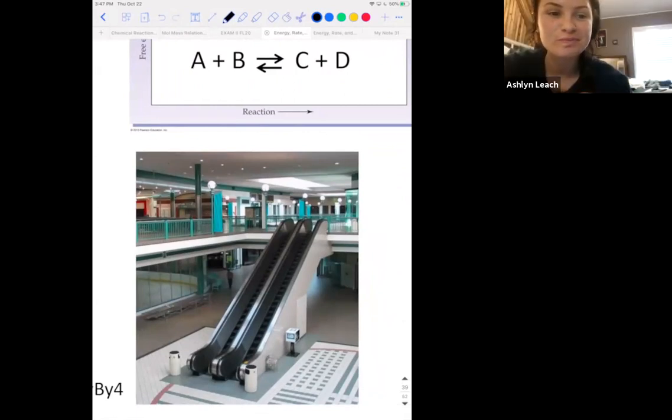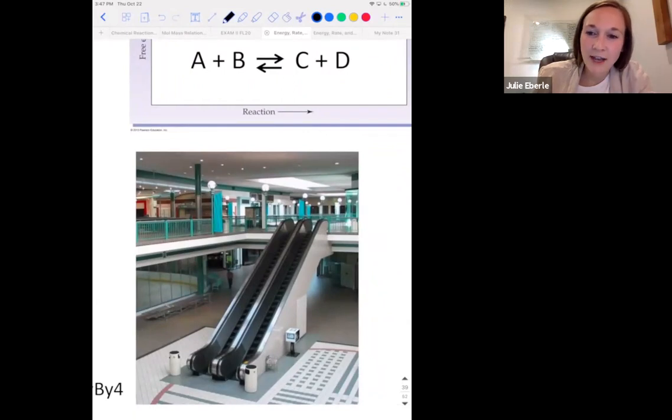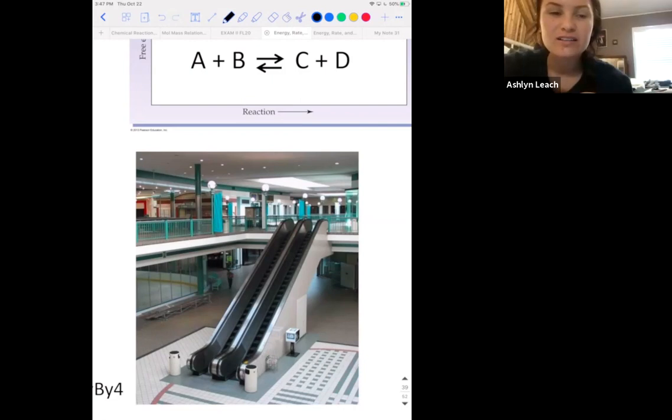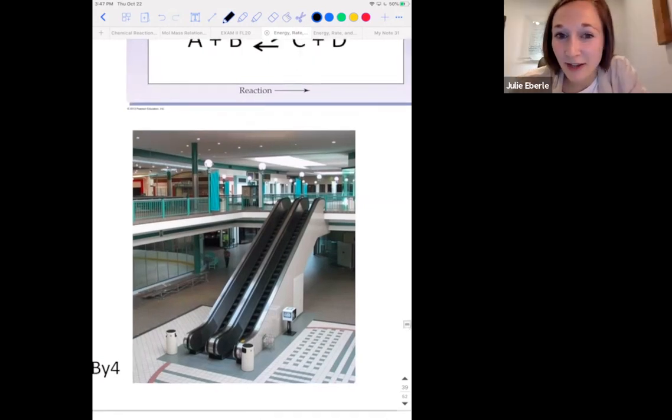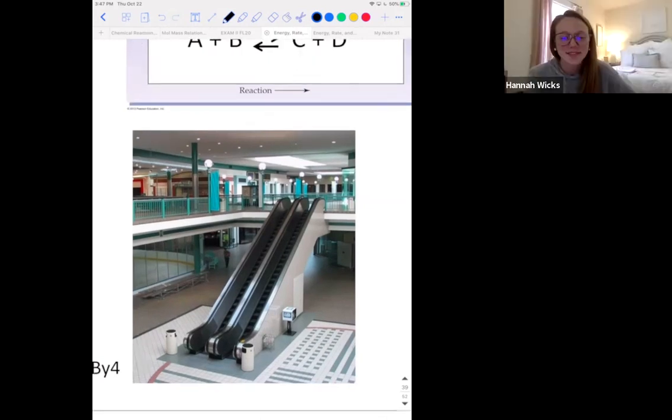You have your outlet malls. I'm a fan of those, but I do a lot of shopping online. It's also a tourist attraction for some people. I think malls are going to become a thing of the past. That's my personal opinion. We'll see if that happens or not.